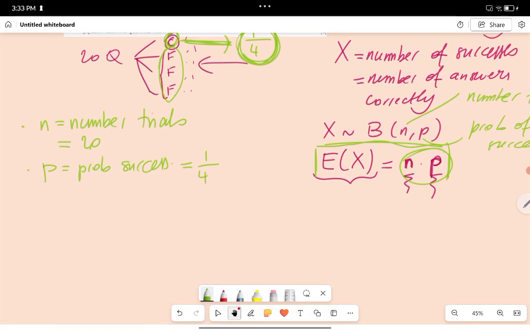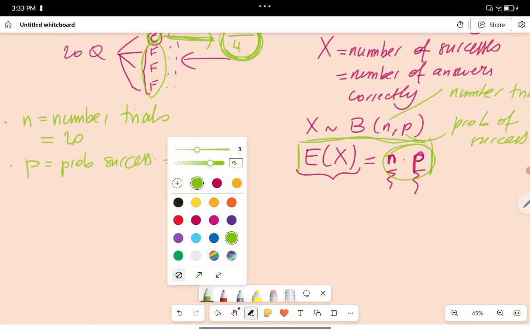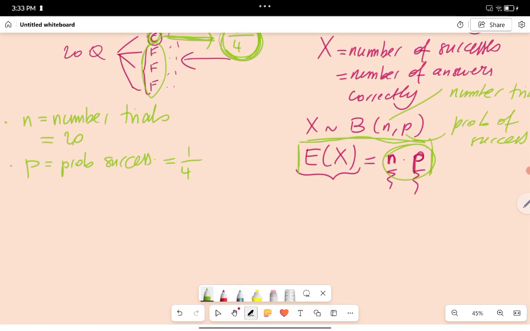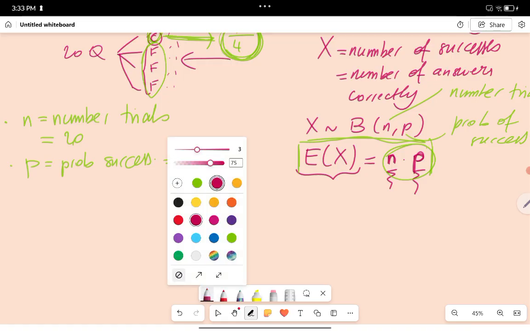Okay, so the expected value of the number of correctly answered questions will be 20 times 1 over 4. So that is 5. That makes sense, right, guys?